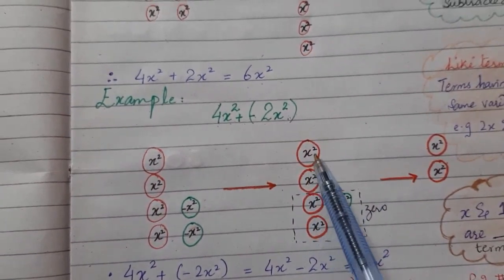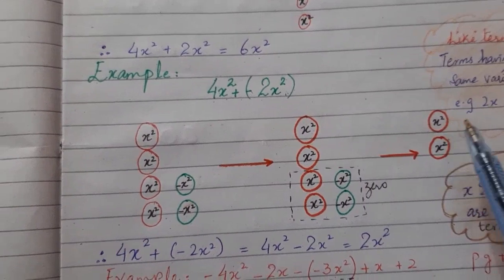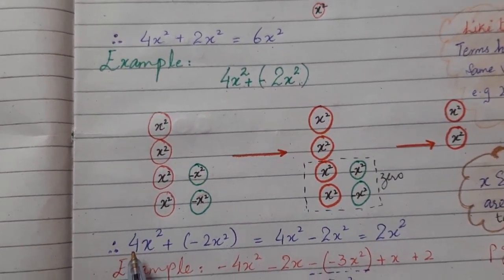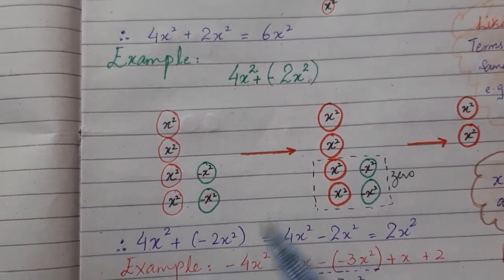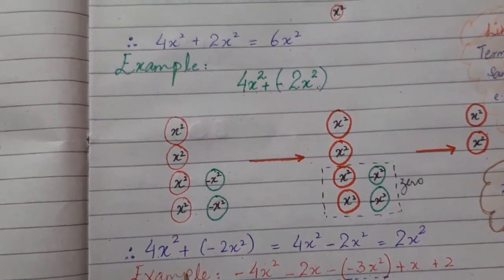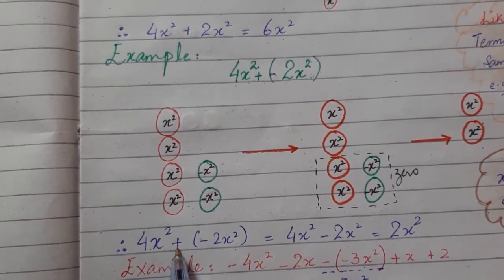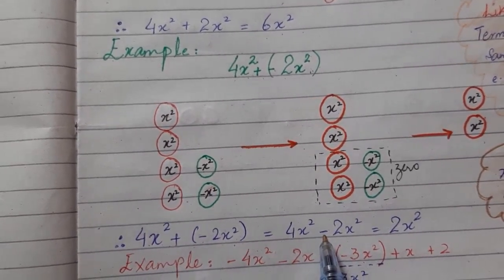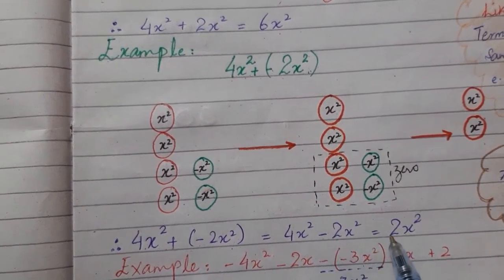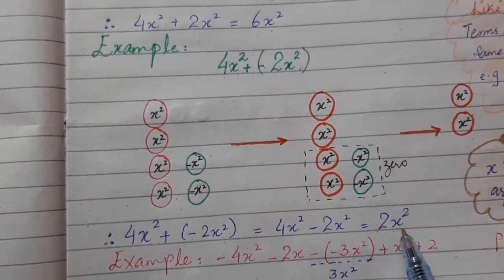So how many discs will be left? 2 discs. Good. So your answer for this question is 4x square plus minus 2x square, which you can do this way. When you are going to multiply a positive sign with a negative one, you will always get the negative sign. 2x square, you will get 2x square.